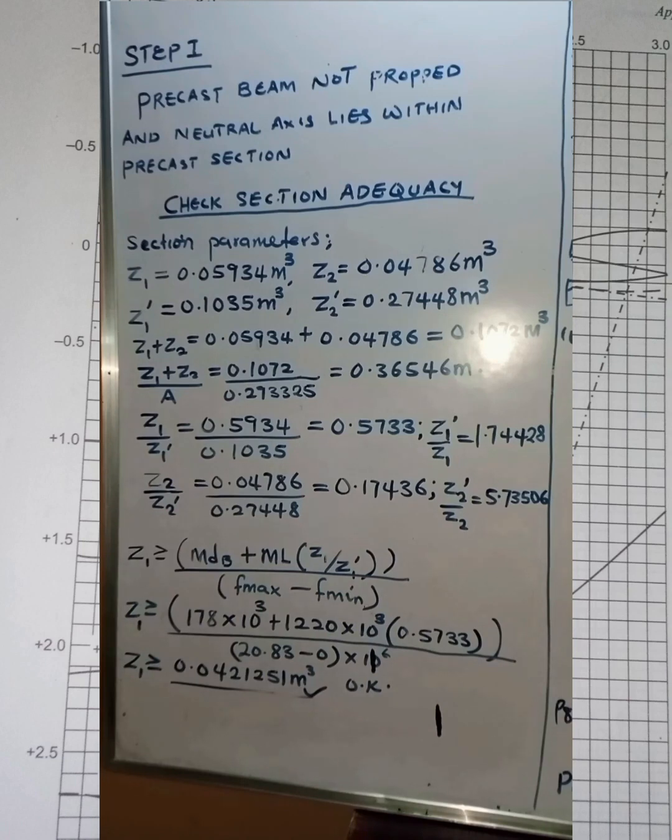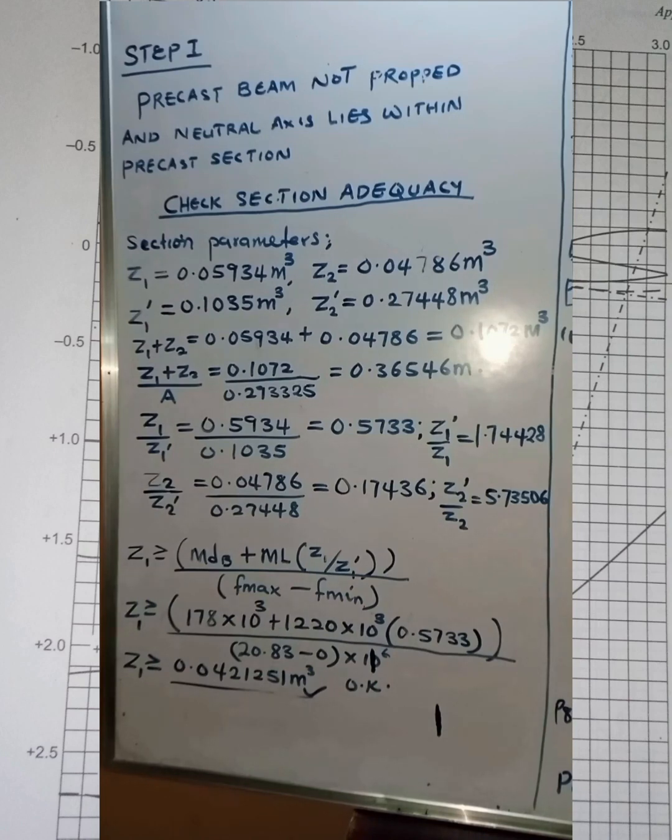Z2 over Z2 prime, we have it to be 0.17436. The inverse of it, Z2 prime over Z2, we have it to be 5.73506.